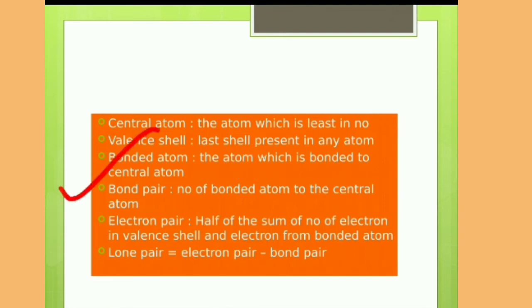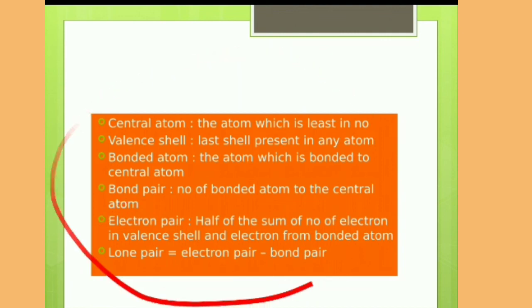The next term is bond pair: the number of bonded atoms to the central atom. Electron pair is half of the sum of the number of electrons in the valence shell and the electrons from the bonded atoms. I will discuss this formula in detail in the VSEPR theory. And the last term is lone pair, which equals the electron pair minus the bond pair.